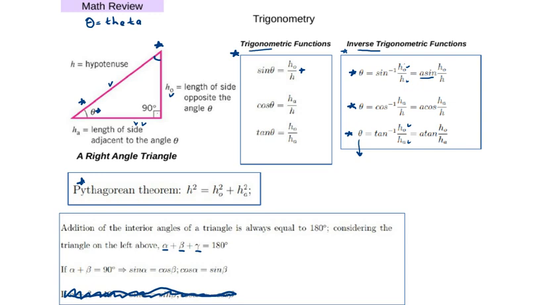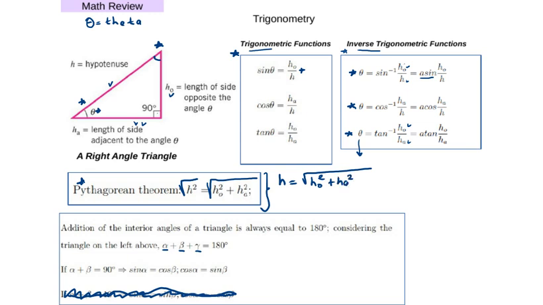That's one thing. Well, two things: trigonometric functions and inverse trigonometric functions. There's also one more thing here. Very often we use the Pythagorean theorem. It tells us that the square of HO plus the square of HA is equal to the square of H, the hypotenuse.